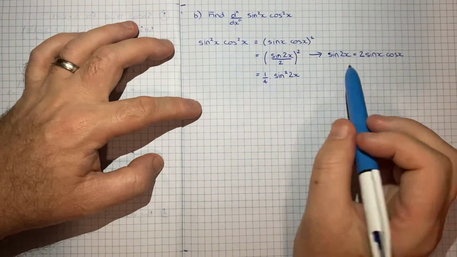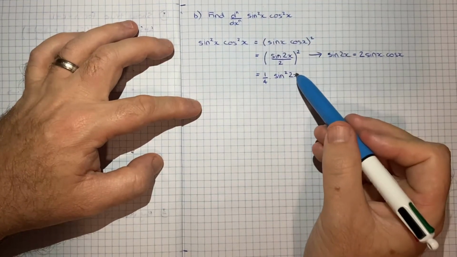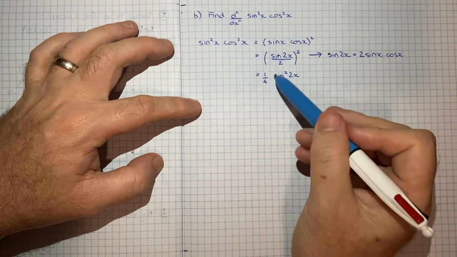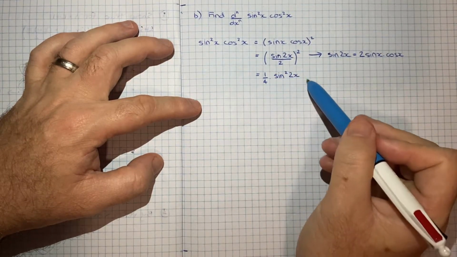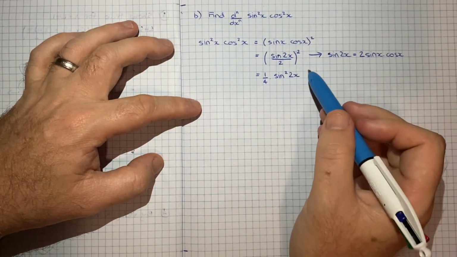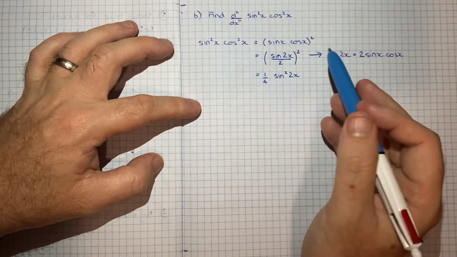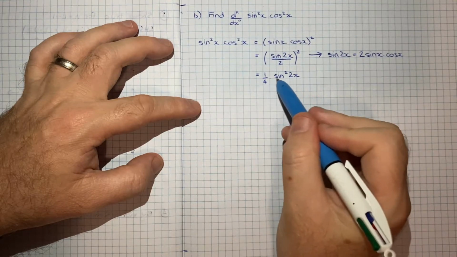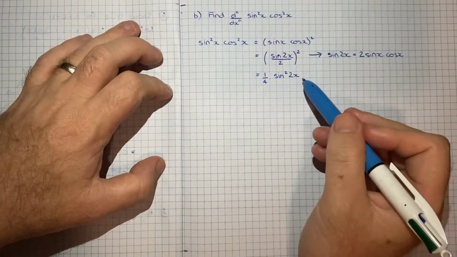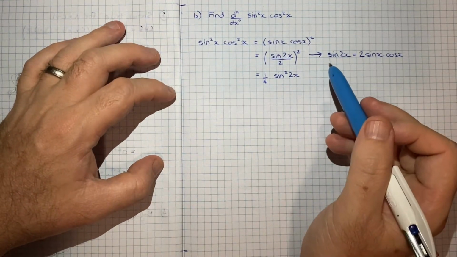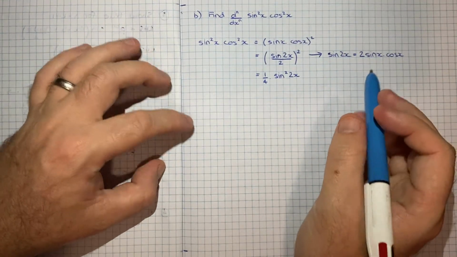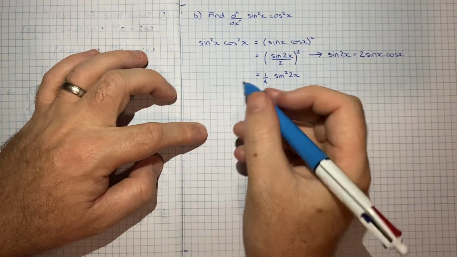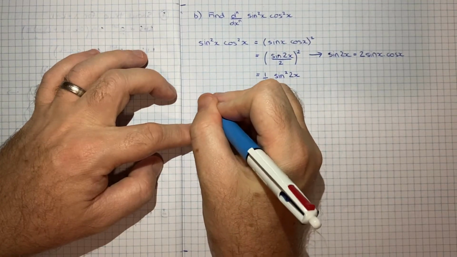But because we're dealing with the nth derivative, when you're doing the chain rule, you have to do the nth derivative of the outside and then the nth derivative of the inside, and we haven't really got that, so we need to keep going with this sin²2x to get it into that format sin(ax + b).